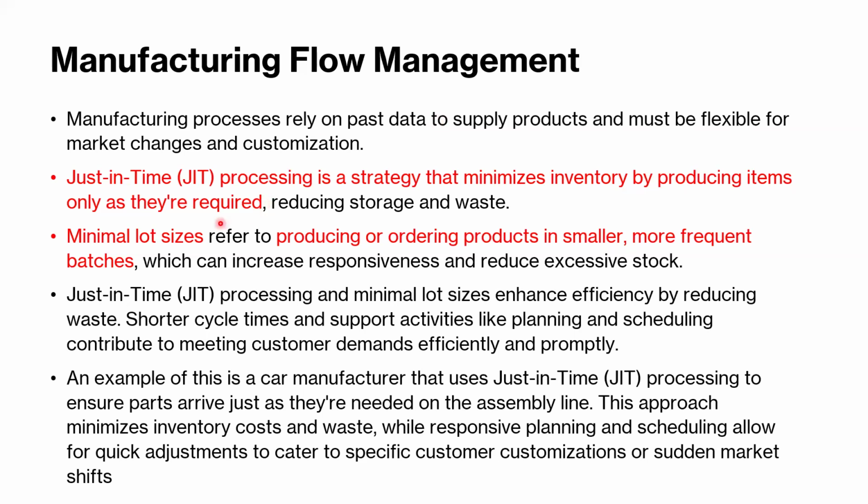So in that case, just in time processing is a very effective strategy, right? That will minimize inventory by producing items only when they are required. So you can reduce a lot of waste, and you will only do just in time manufacturing processing, right? It can save costs, it can become more efficient, and so on.